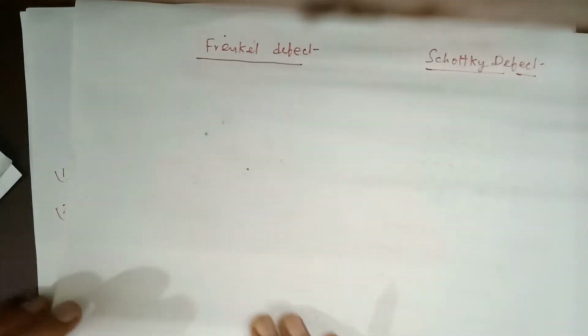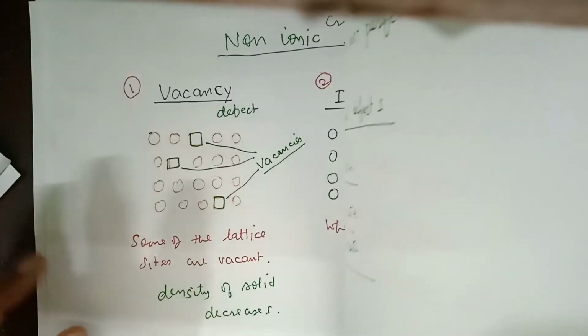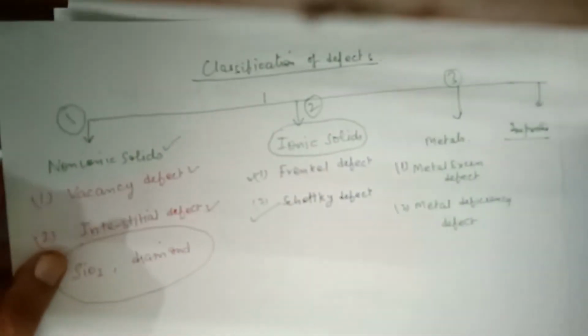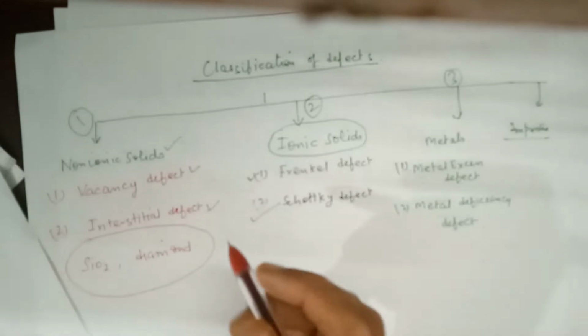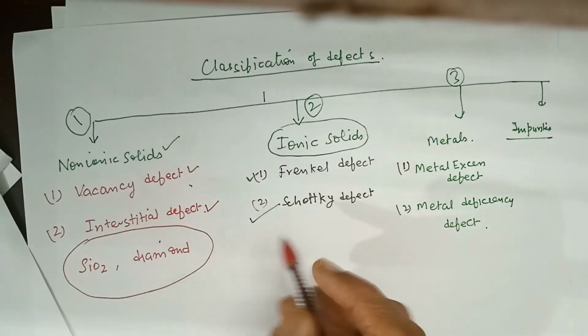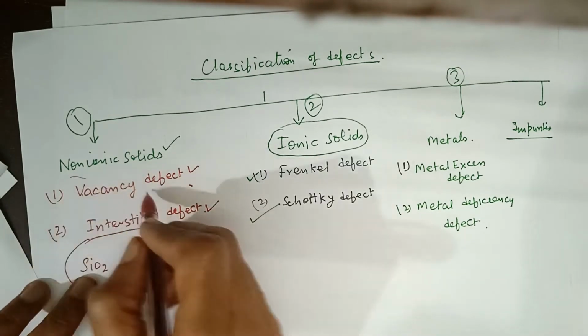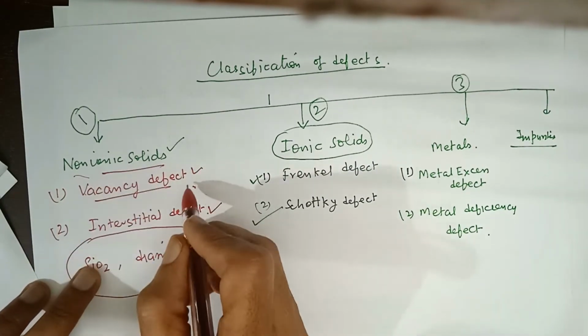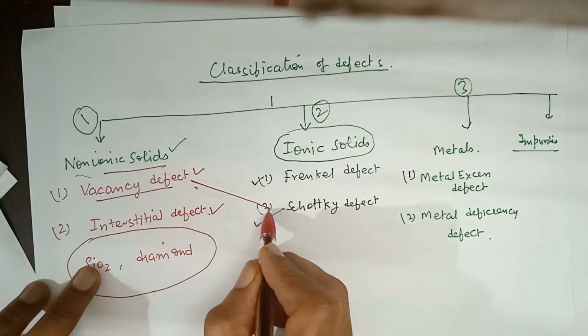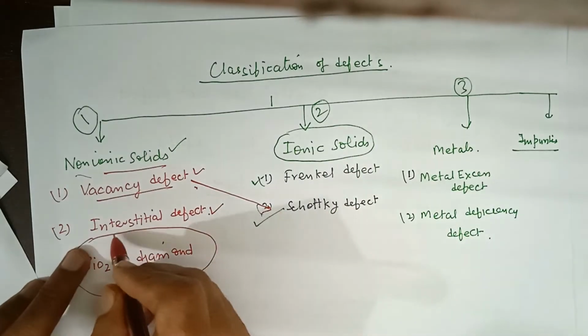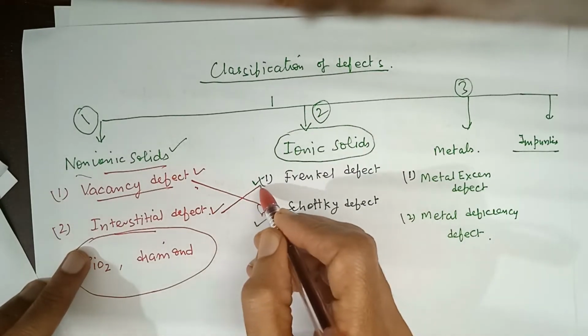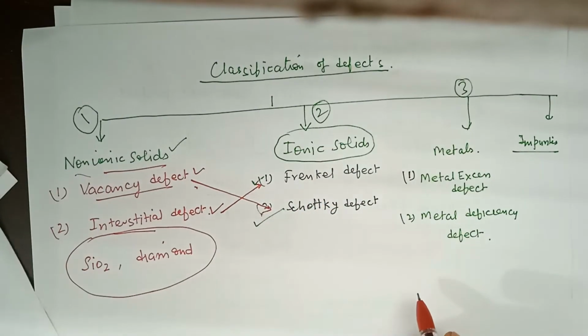See, let me tell you one interesting thing, that vacancy defect in non-ionic solid is analogous to the Schottky defect in ionic solids, and interstitial defect is analogous to the Frenkel defect in ionic solids.